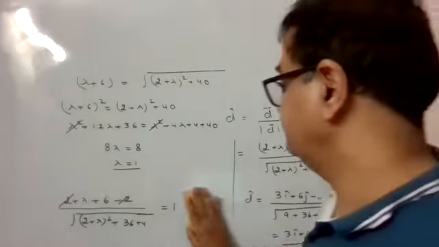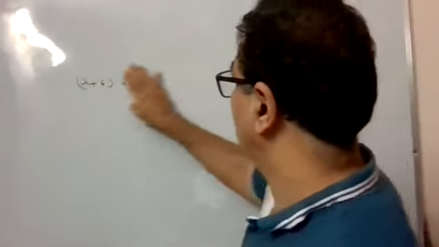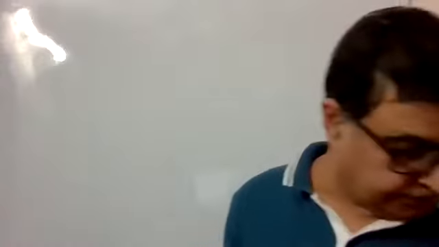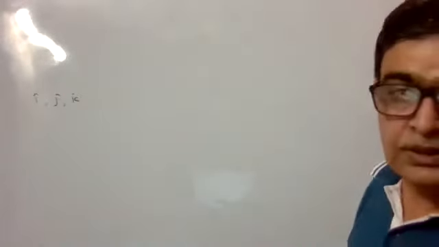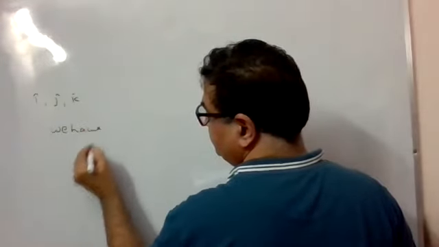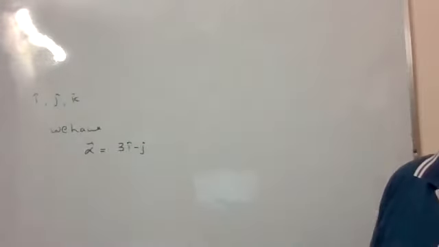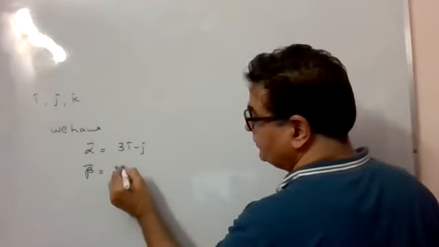If with reference to a right-handed system of mutually perpendicular unit vectors i cap, j cap and k cap, we have alpha vector is 3i minus j and beta vector is 2i plus j minus 3k.